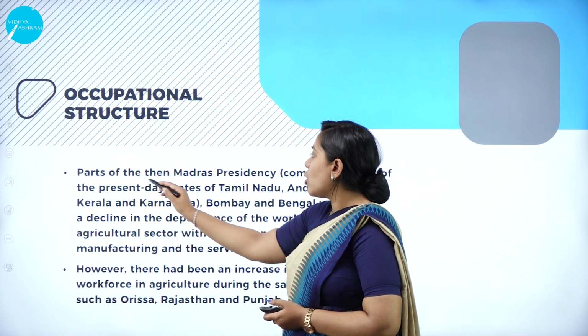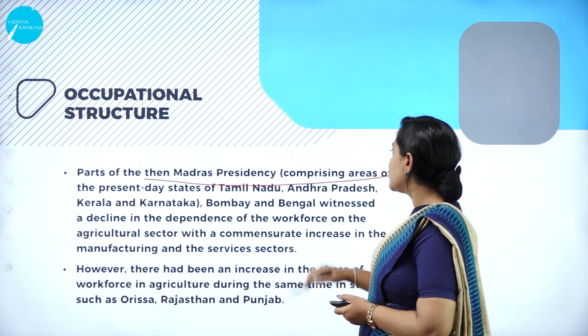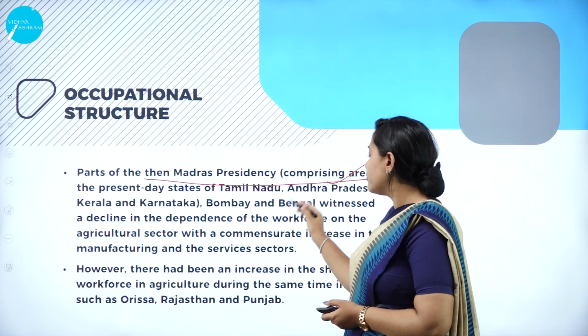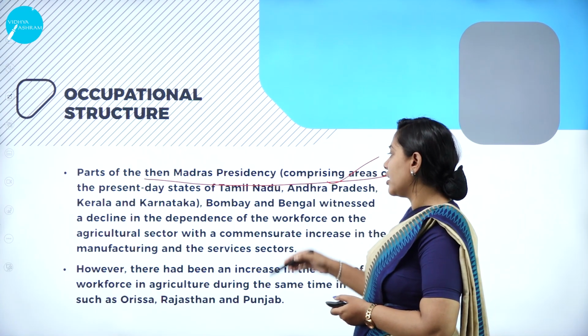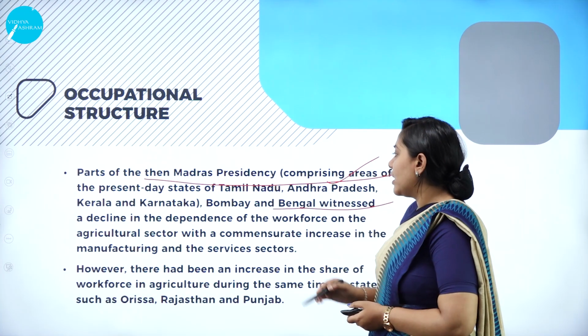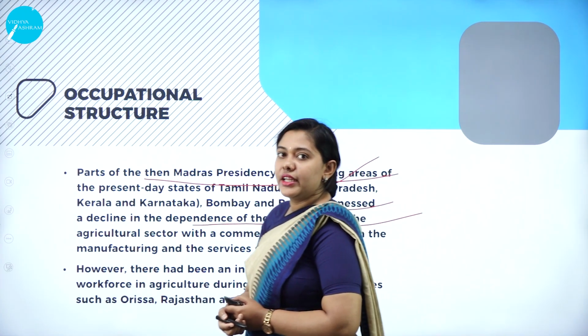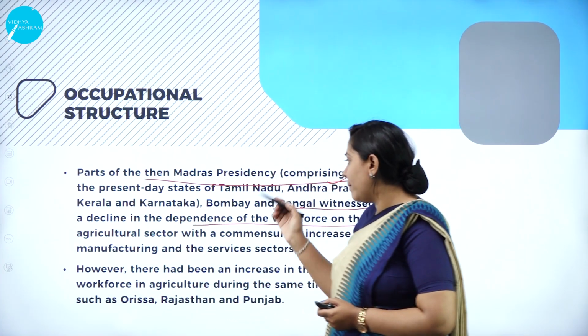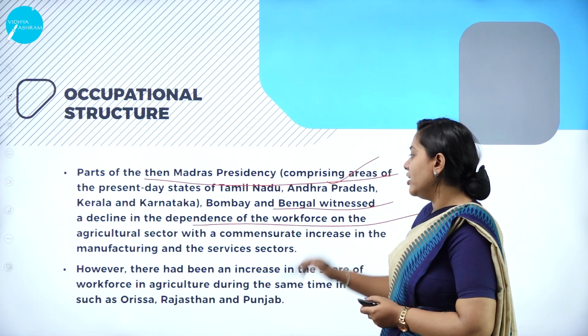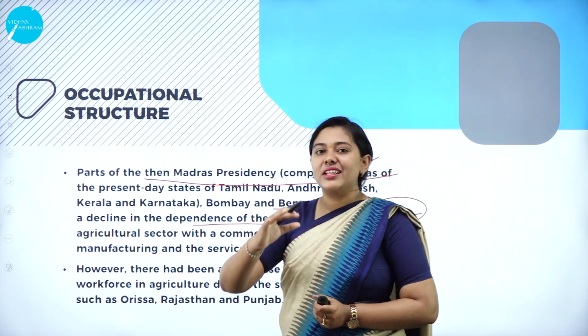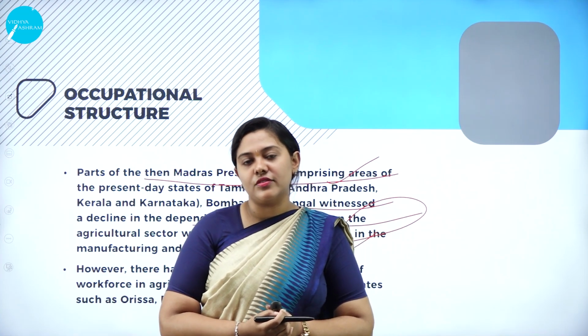Next, parts of the then Madras Presidency, comprising areas of present-day states of Tamil Nadu, Andhra Pradesh, Kerala and Karnataka, Bombay, Bengal, witnessed a decline in the dependency of workforce on agriculture. So these are the states where the workforce depended on the agriculture sector, and later there was a slight increase in the manufacturing and the service sector.